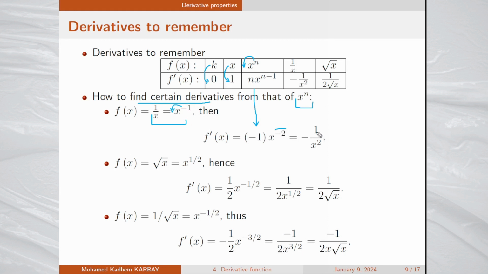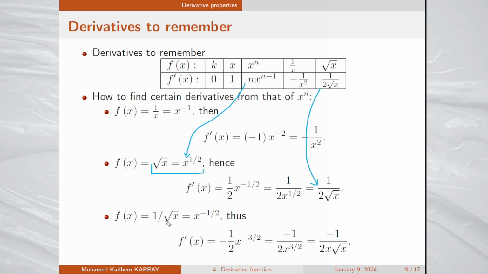So it is minus 1 divided by x squared, and we retrieve this formula. I show you a second example. The square root of x may be written as x to the power 1/2. So if we apply again this formula, we get 1/2 multiplied by x to the power minus 1/2. So this gives 1 divided by 2 x to the power 1/2, which gives exactly this formula here.